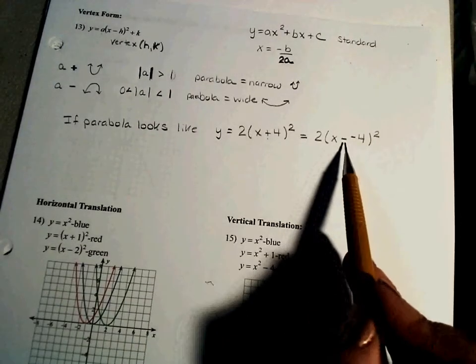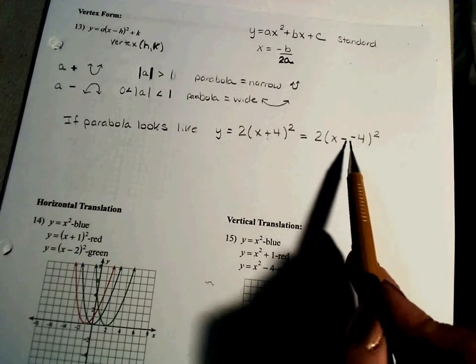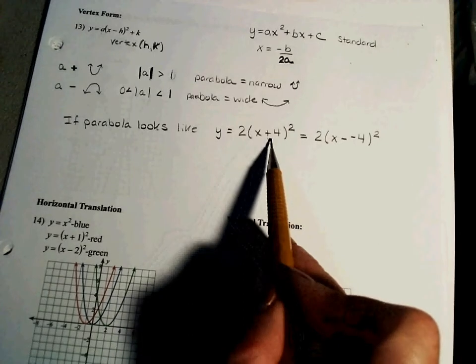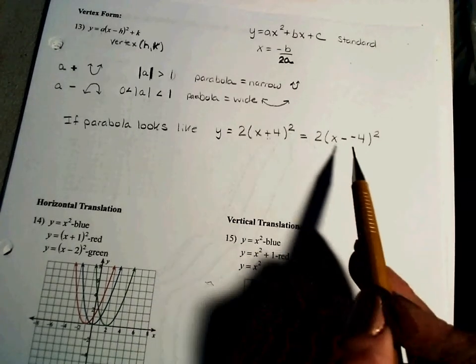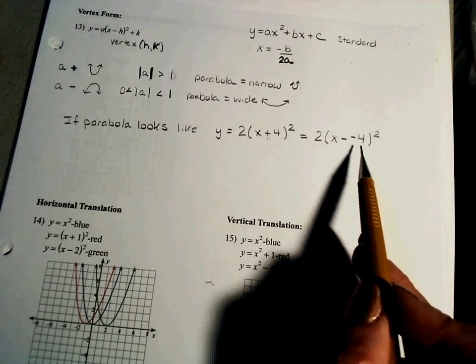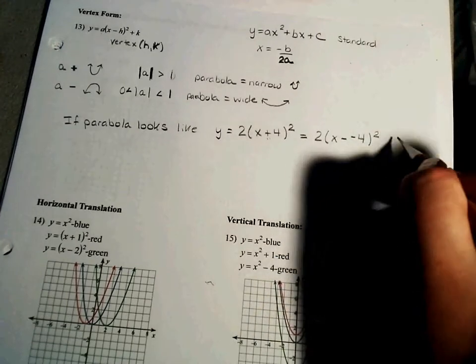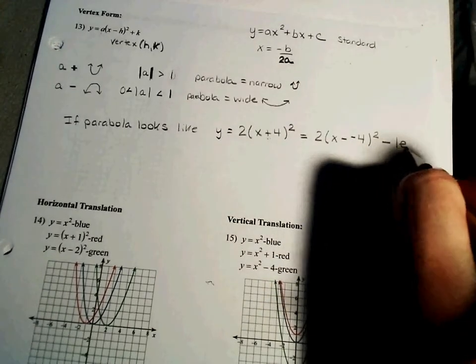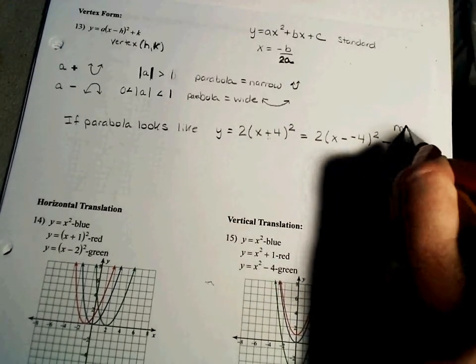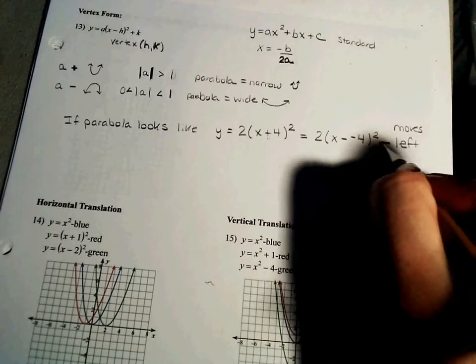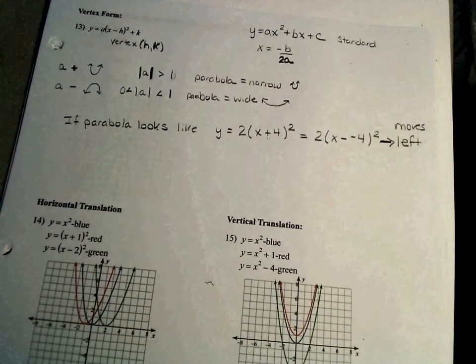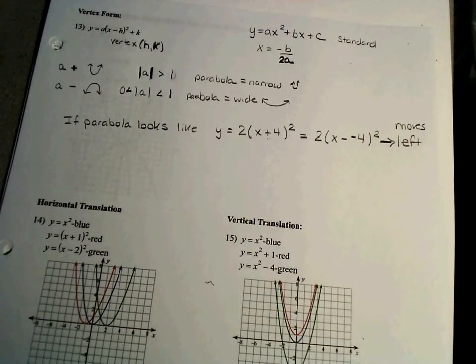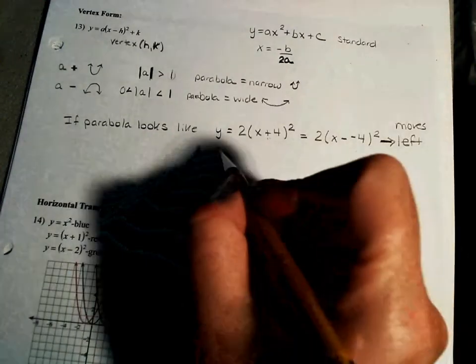So a positive is a minus a minus. So if it's a positive inside, the vertex is really negative, so it moves left. A positive inside moves the parabola left. It's opposite what you think. You'd think a positive would move it to the right, but it actually moves it to the left.